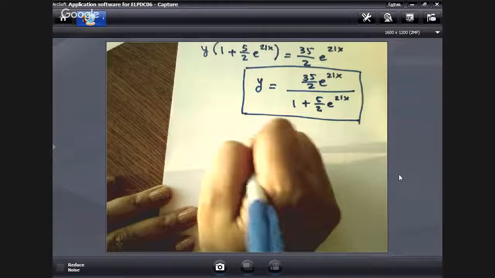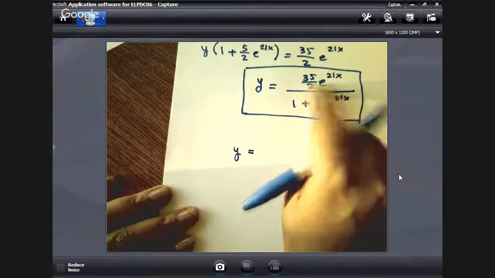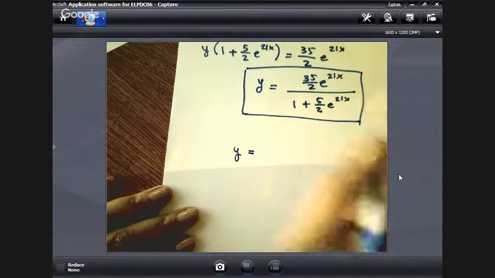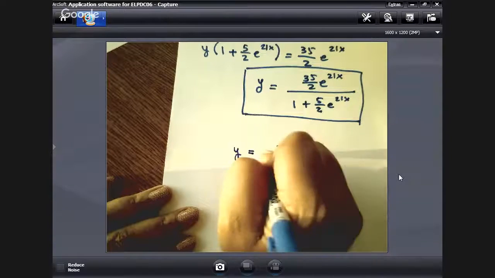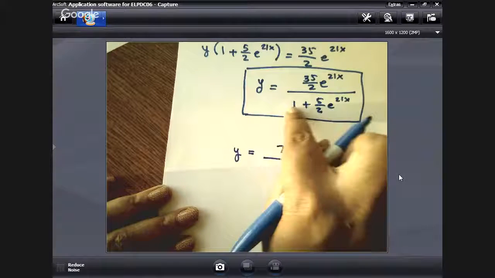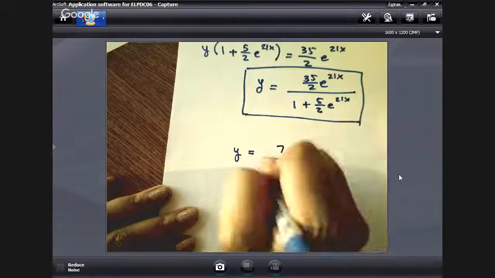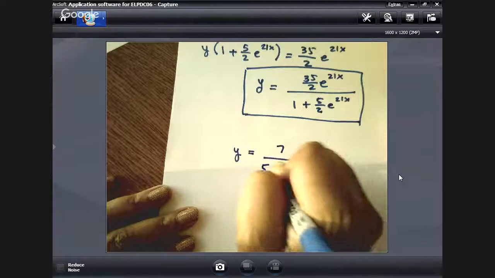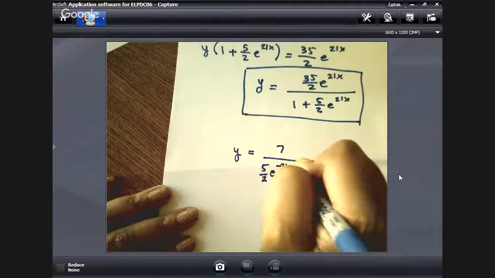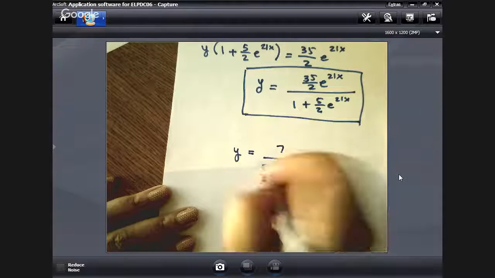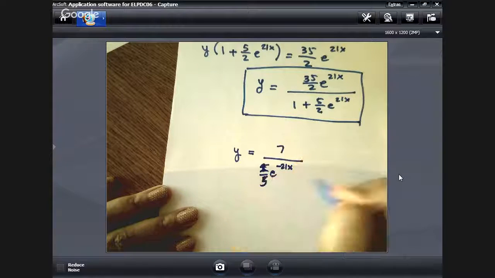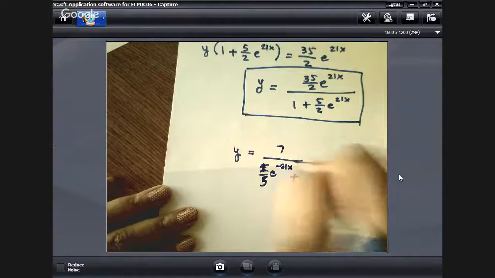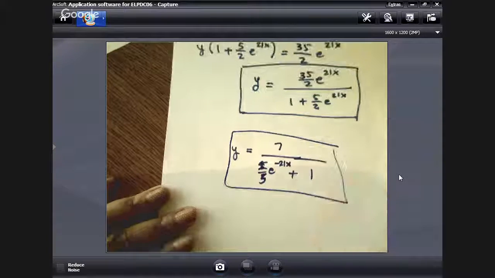So y equals, if I divide this by that, that'll give me 7 over, if I divide this by that, 2/5 e to the minus 21x plus 1. So there we go.